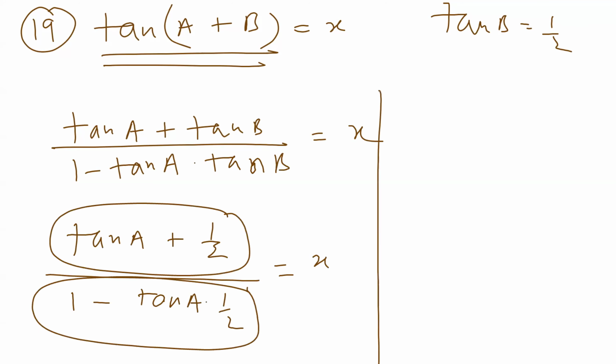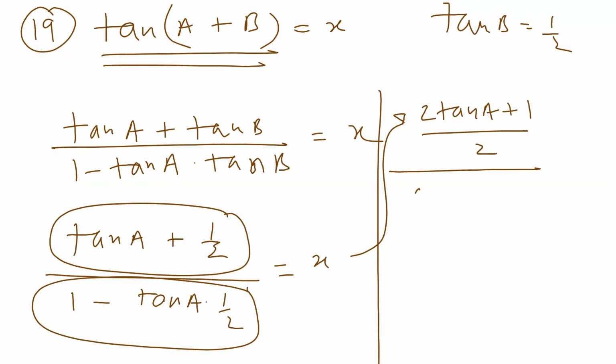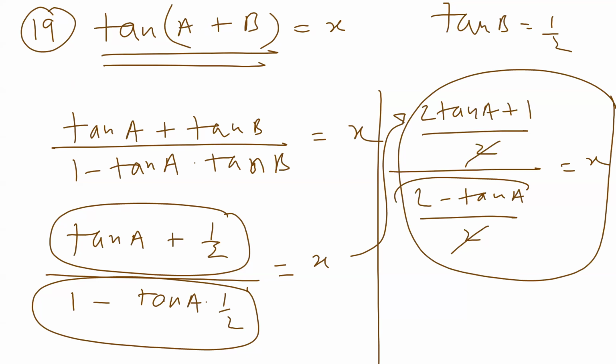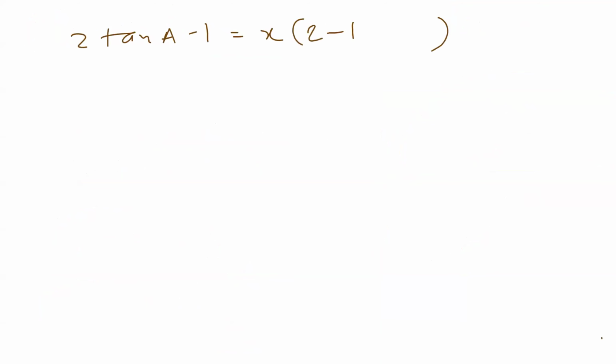Okay, so the next step I'm writing over here: 2 tan A plus 1 upon 2, 2 minus tan A upon 2 is equal to X. So this 2 and 2 will get cancelled. So we're left with this. Cross multiply: 2 tan A plus 1 upon 2 minus tan A is X, so this term I'll take to X into 2 minus tan A. Okay.